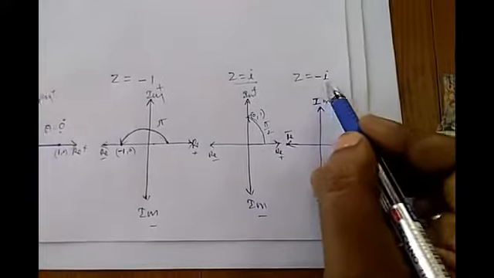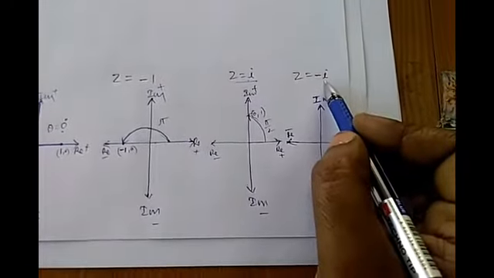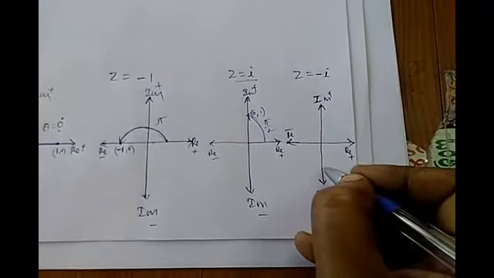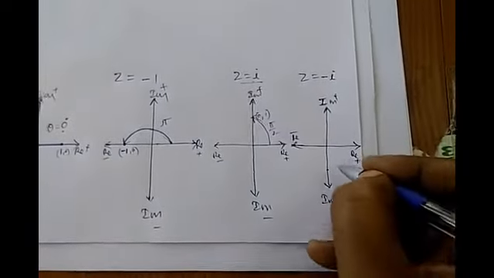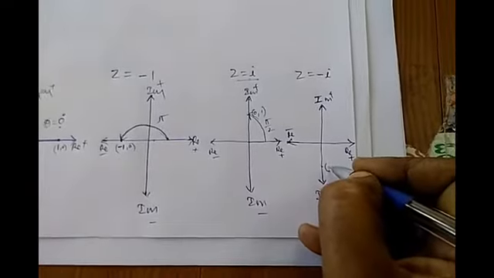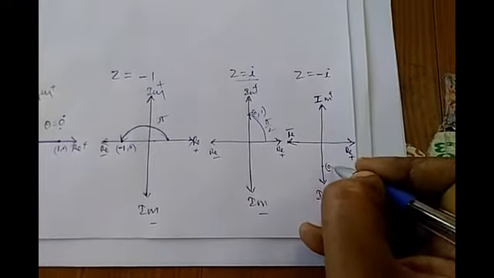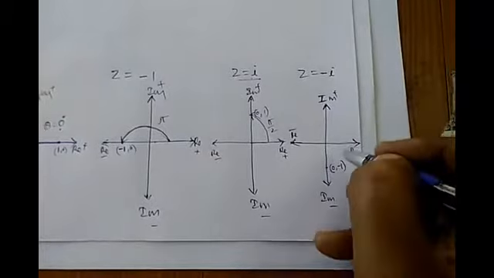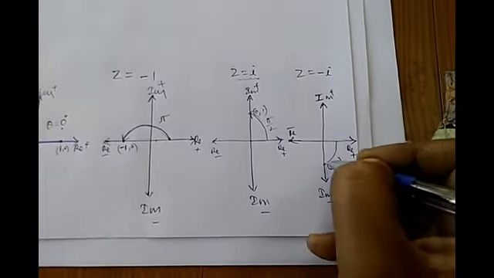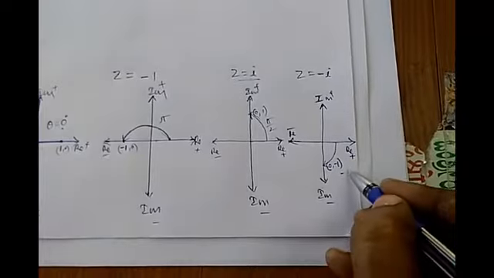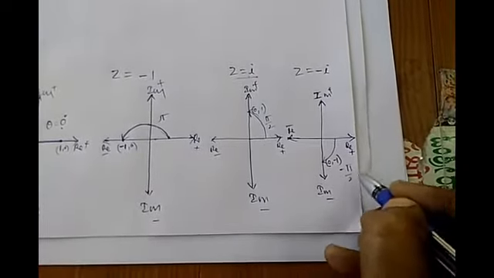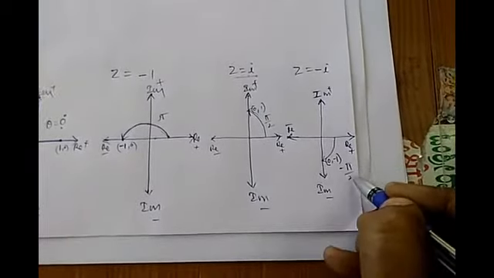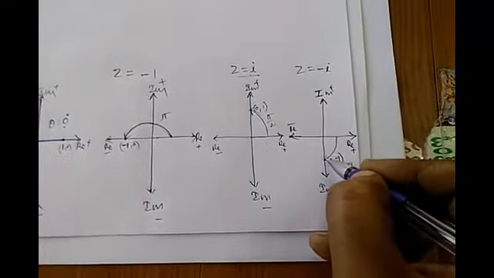If z equal to minus i, then it can be represented on the negative imaginary axis. It makes minus pi by 2 with the positive real axis in the clockwise direction.